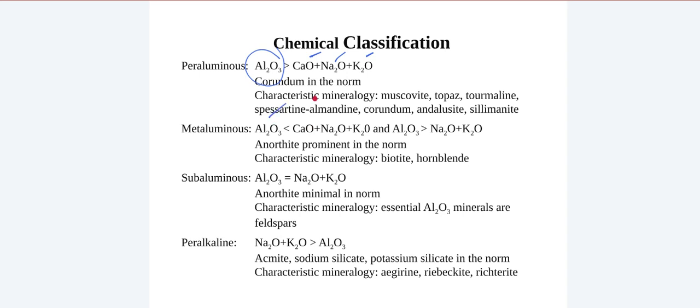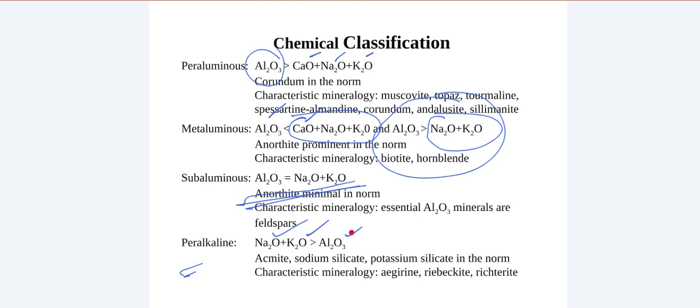Meta-aluminous is Al2O3 less than CaO plus Na2O plus K2O, but Al2O3 greater than Na2O plus K2O, excluding CaO. If we include CaO, then Al2O3 will be lesser. Sub-aluminous is Al2O3 equal to Na2O plus K2O, and peralkaline is Na2O plus K2O greater than Al2O3, the reverse. So this is the magma series.